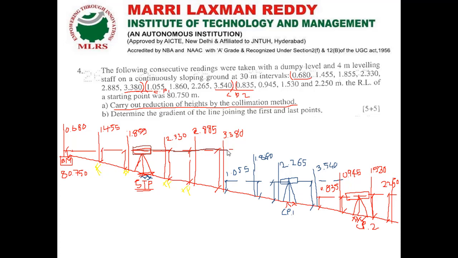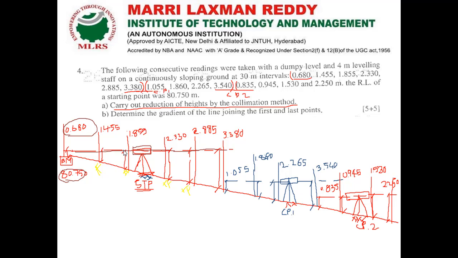How do we calculate it? Simply from the benchmark reading. Benchmark reading plus this height of the leveling staff over the benchmark gives the height of collimation or height of instrument.